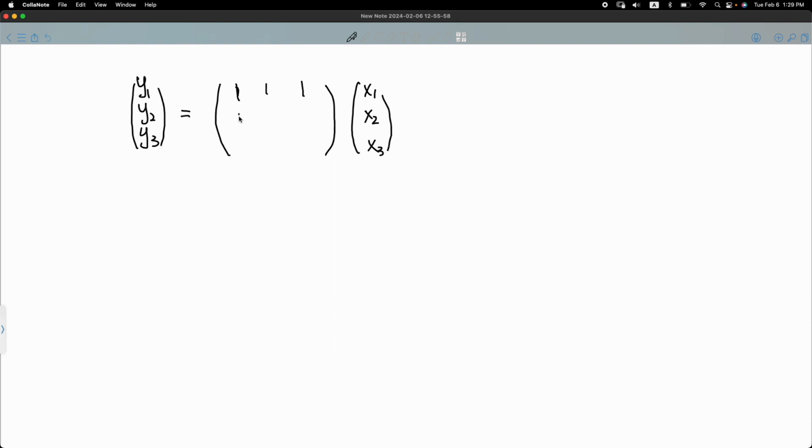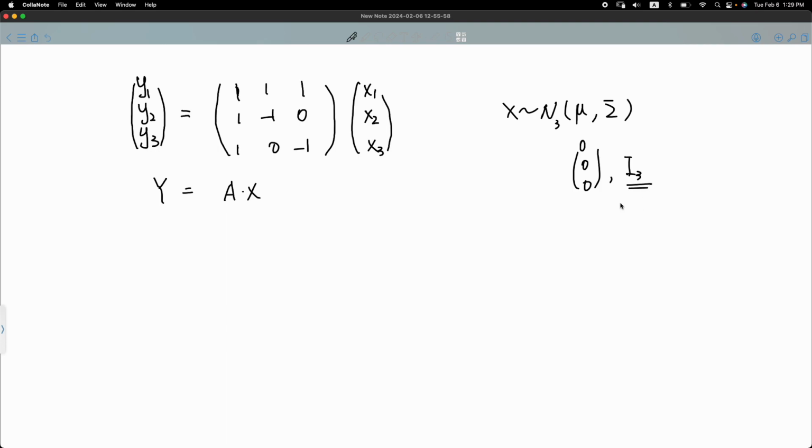Based on that, we have 1, -1, 0; 1, 0, -1. So y is equal to A multiplied by x, where x follows a normal 3-dimensional vector of mu and sigma. The mu is essentially just 0, and the sigma matrix is the 3x3 identity matrix.